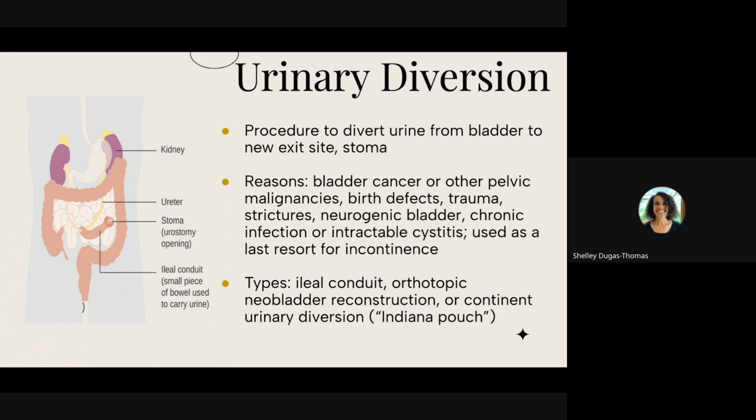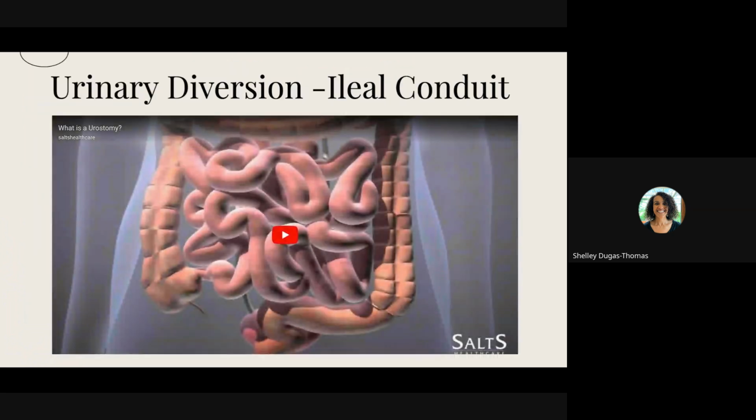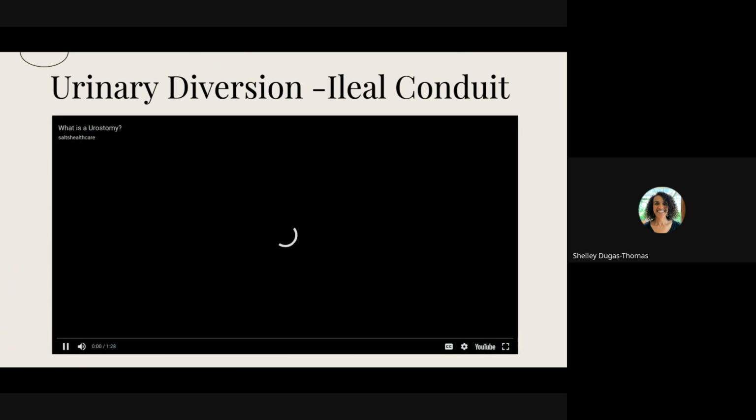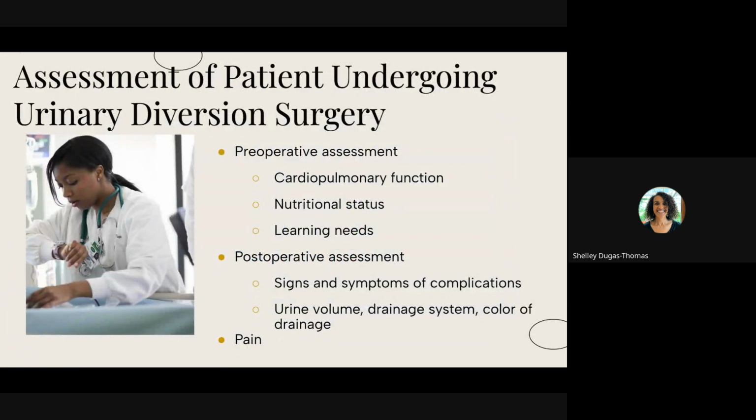Continent urinary diversion is a pouch made from the large intestine with an outlet made from the small intestine. And here's a video of the urinary diversion ileal conduit. Watch that on your own.